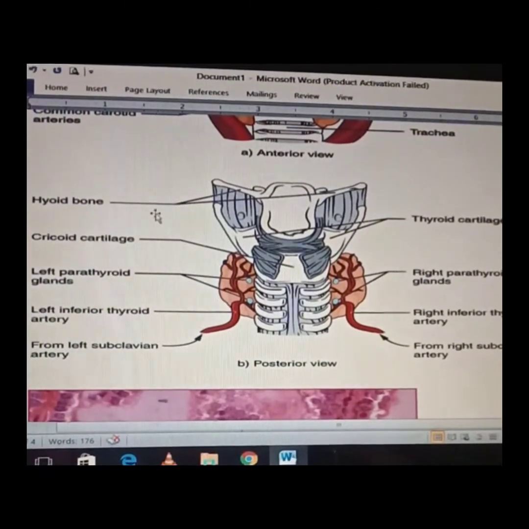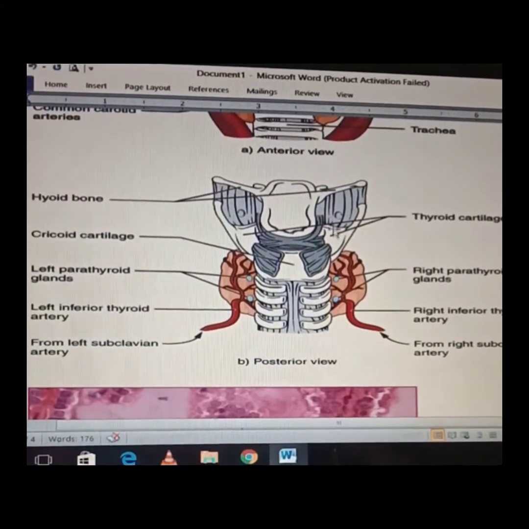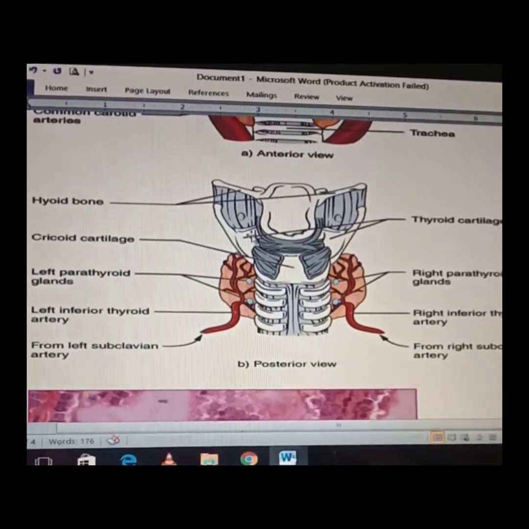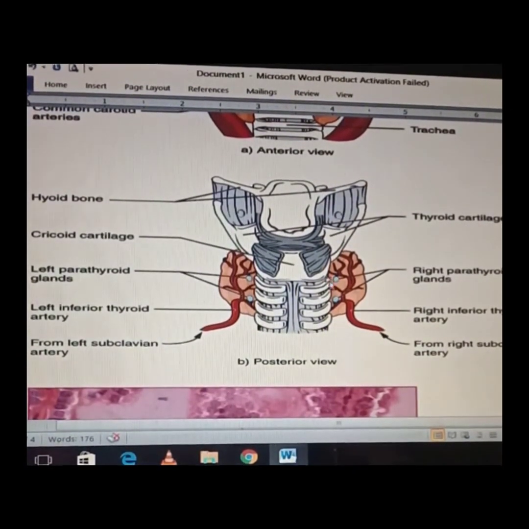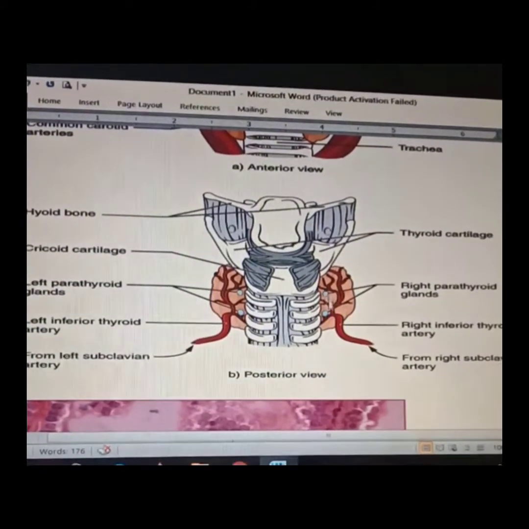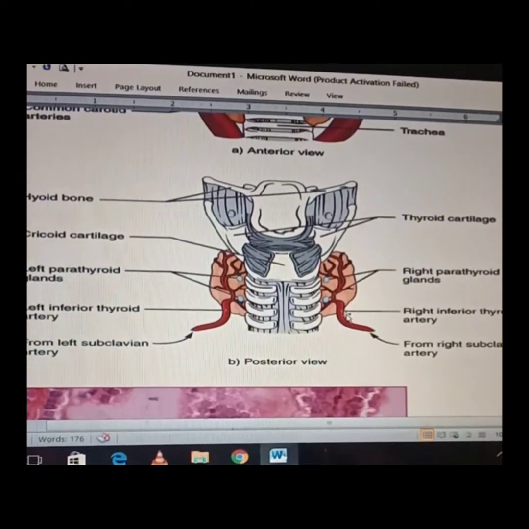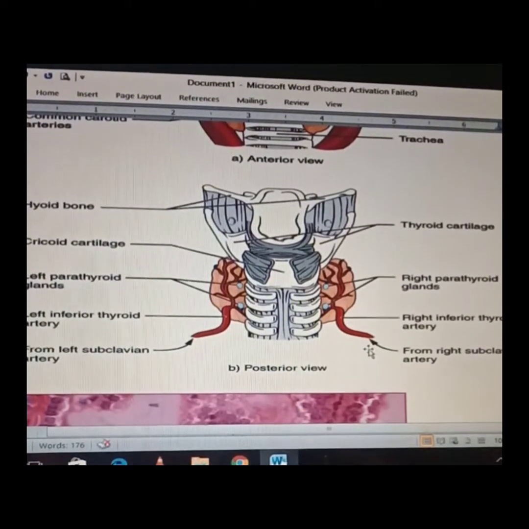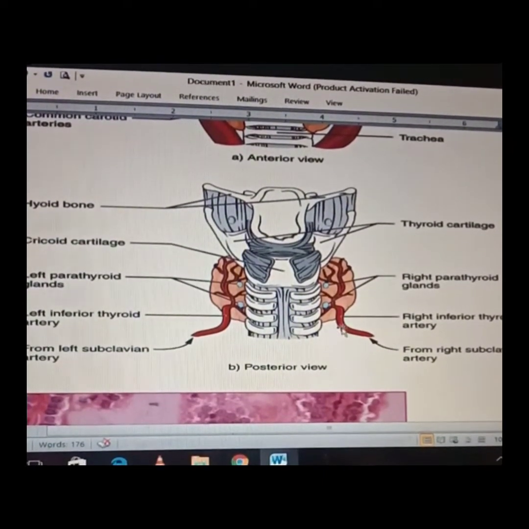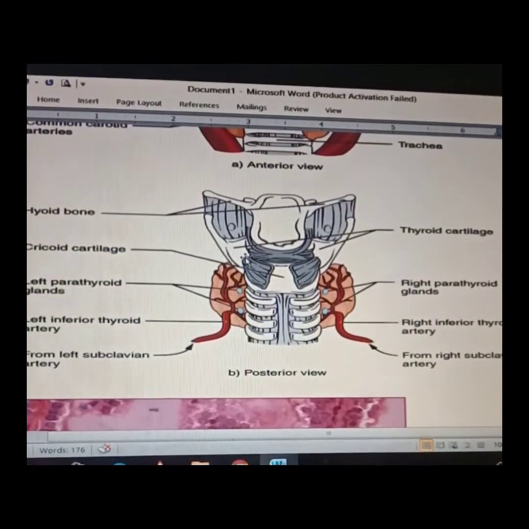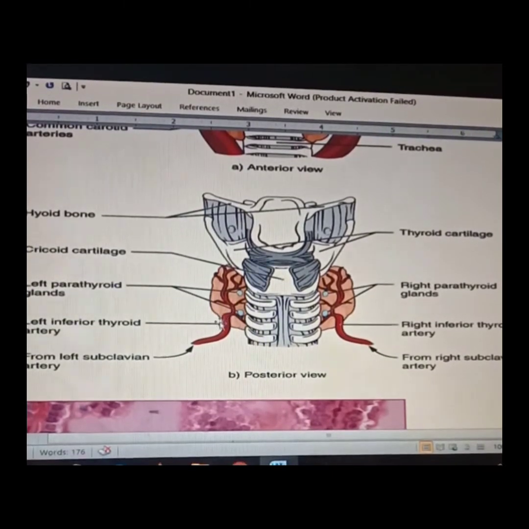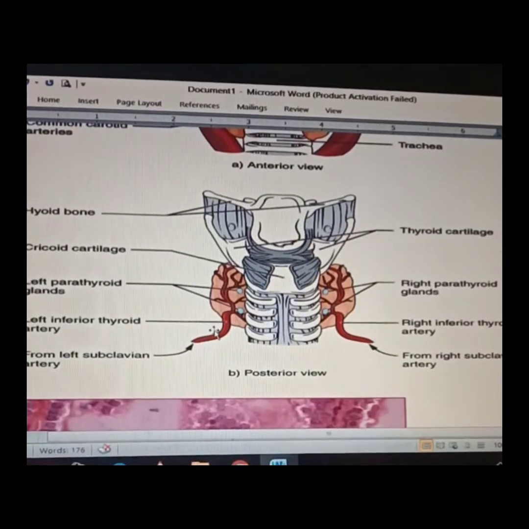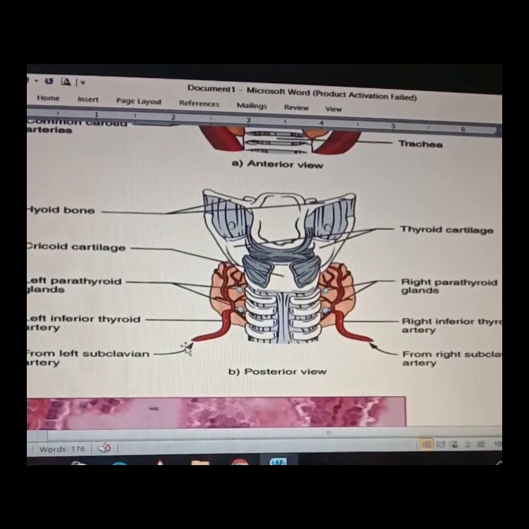So, this is the hyoid bone, thyroid cartilage, cricoid cartilage, right parathyroid glands, right inferior thyroid artery from the right subclavian artery, left parathyroid glands, left inferior thyroid artery, left subclavian artery.